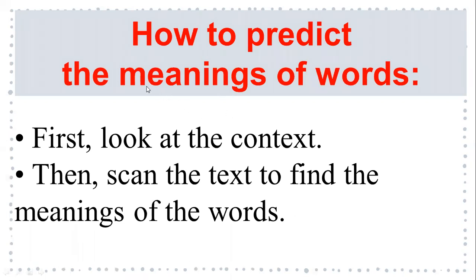Now, I'd like you to pay attention to how to work out the meanings of words. Now, first, look at the context, then scan the text to find the meanings of the words. For example, this text is about family members. When you find out the meaning of one family member, it will be easier to work out the rest.